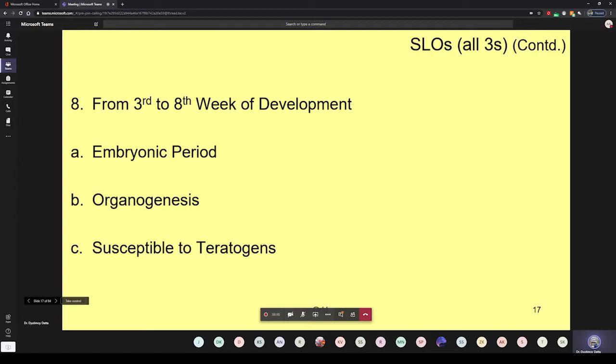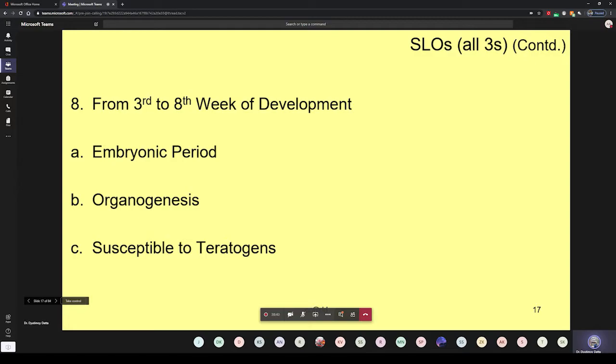Next, the moment you see this word, teratogens, susceptible to teratogens. The third to eighth week of development is the most crucial period in the development of a developing fetus, because this is the period where maximum cell division is taking place. This is the period where maximum tissue differentiation is taking place, tissue generation, organ generation, and organ differentiation are taking place.